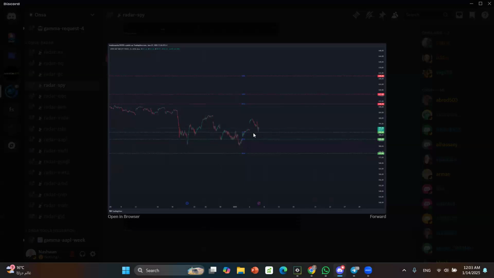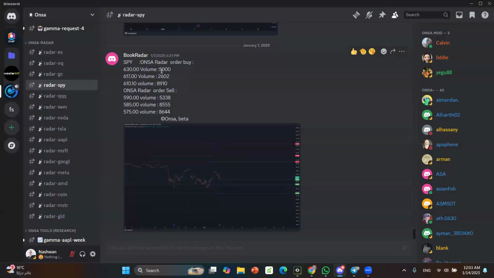So you can see here that they are placing stops over there. There are some stops here, some stops here, some stops here. So we can consider these levels as support and resistance levels based on where the stop is.